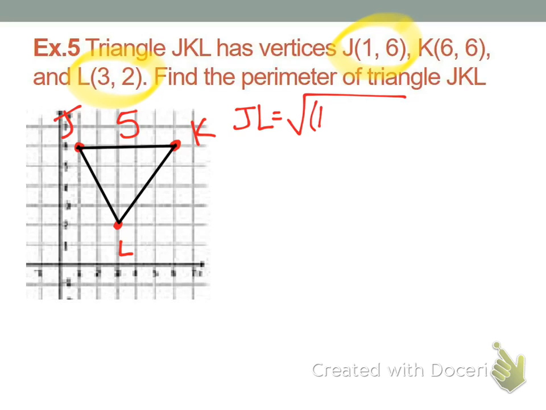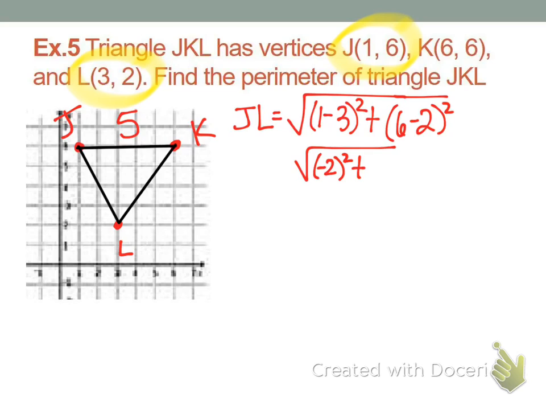First one, 1 minus 3 squared plus my y's, 6 minus 2 squared. 1 minus 3, negative 2 gets squared. 6 minus 2, 4 gets squared. Don't forget the plus sign in between them. I don't think that was a common issue, but I did see it a couple times. Negative 2 squared, 4 squared, 16. Add them together. We get 20.